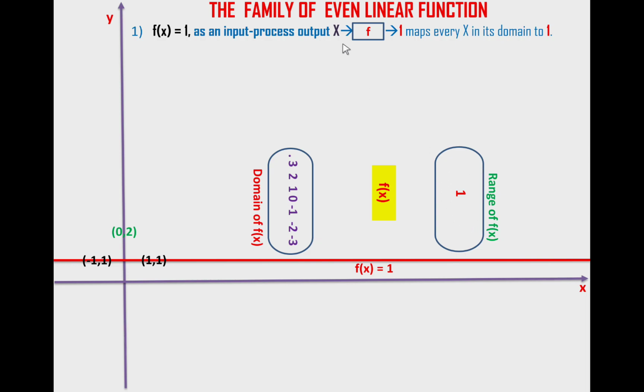If we compare these two models, the abstraction of the IPO and the calculus model of the function, we will know that x could be any value in the domain, f the process is equal to f of x, and 1 is the output of f of x, which is the range.